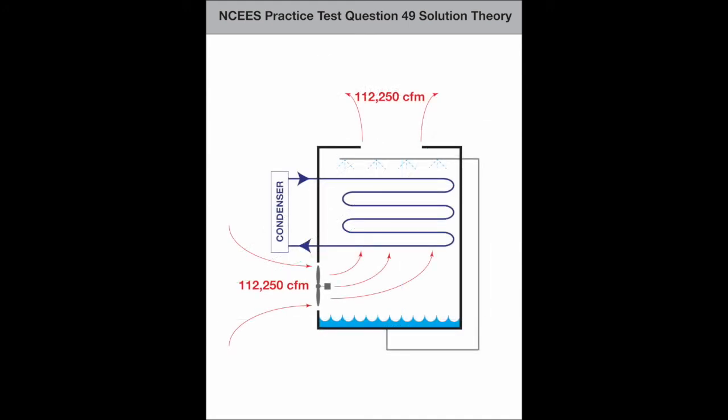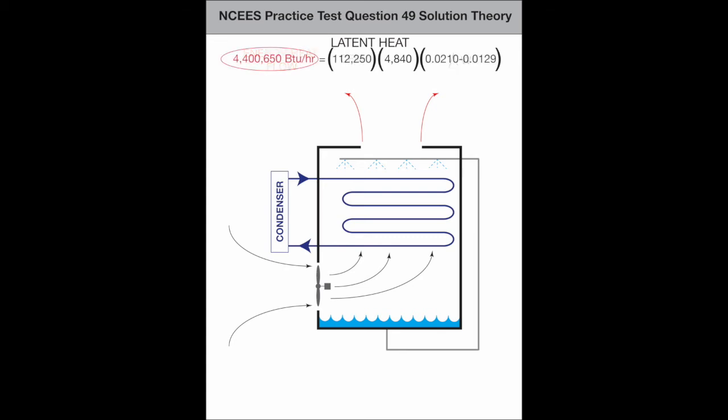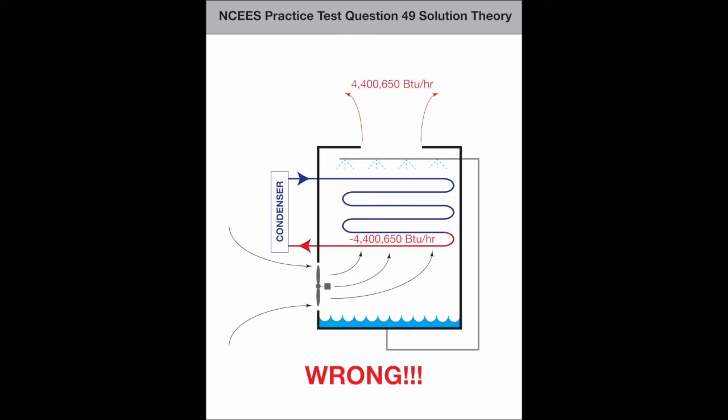The air flows at 112,250 CFM. So with this data, you can determine the heat energy that the cooling tower is rejecting out into the atmosphere, which is 4,400,650 BTU per hour. Because the process is steady flow, you might be tempted to assume that this is the total amount of heat taken from the condenser water.